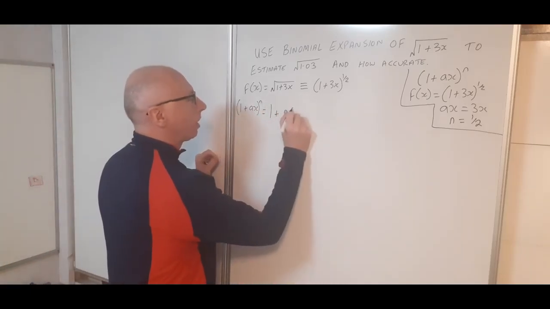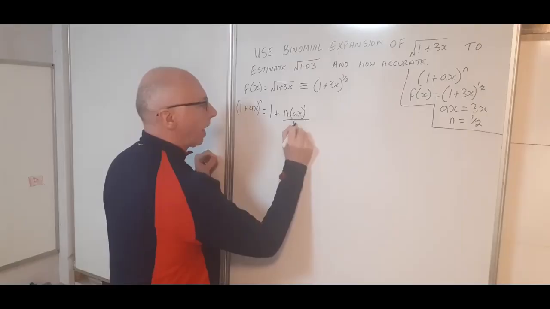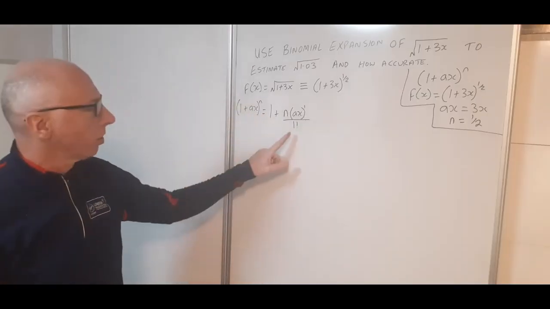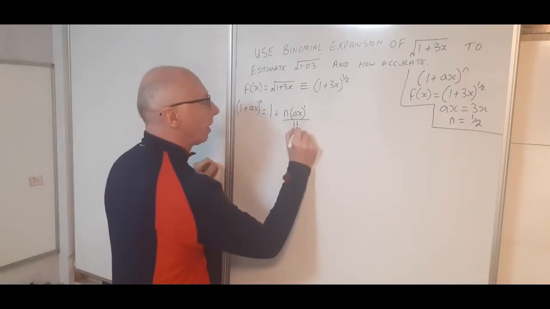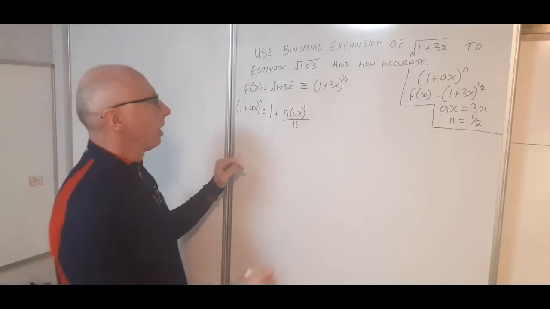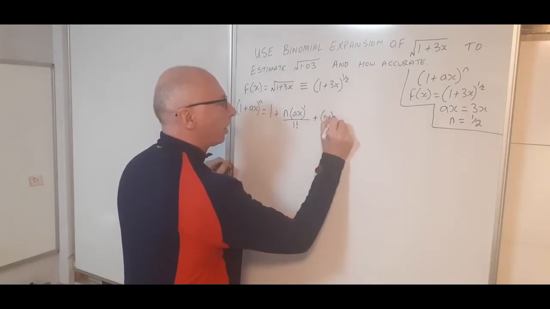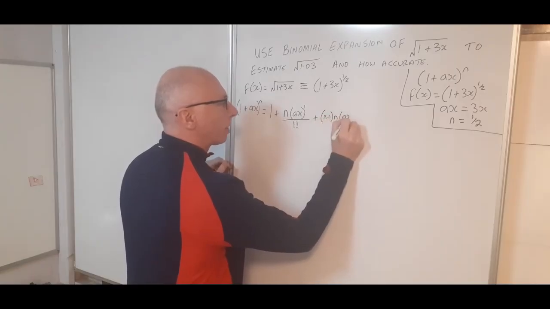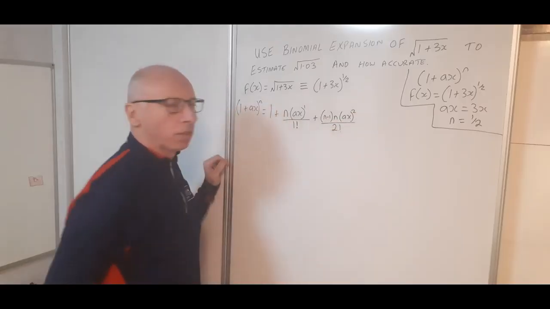So we've got n, I'm going to put the ax in a bracket, you'll see why in a moment, and divide it by 1 factorial. Now that seems pretty trivial, but there's a pattern in our general formula to work these out. So the next term is n minus 1 times n times ax squared over 2 factorial.